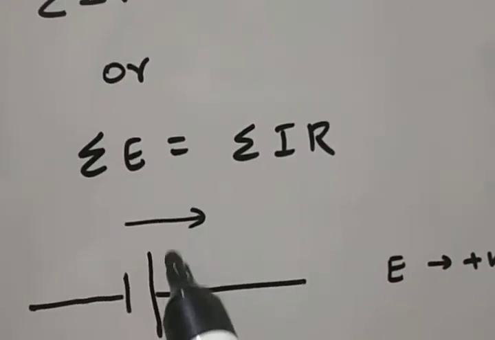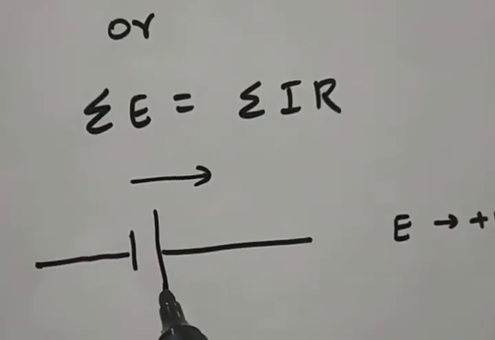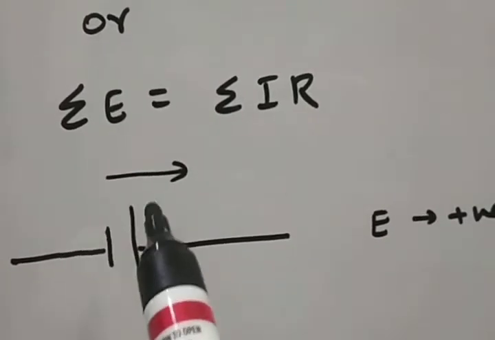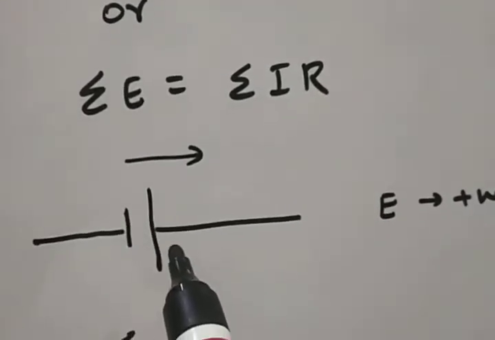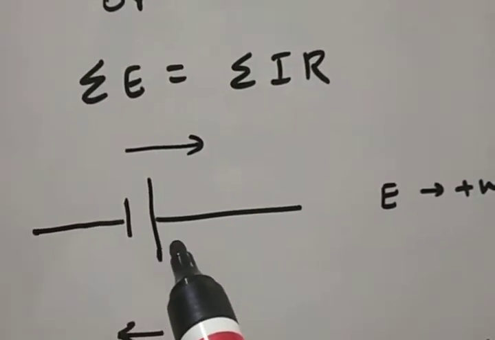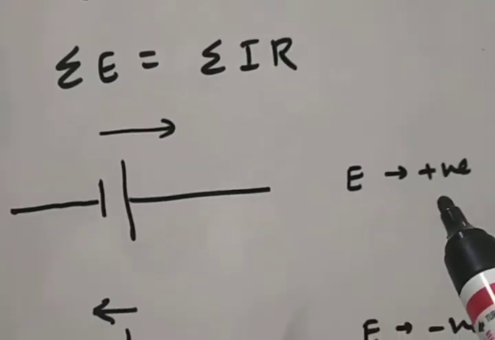Now regarding the sign convention for EMF, suppose this is the cell. If our direction is from negative potential to positive potential, or negative terminal to positive terminal of the cell, then E is taken as positive.